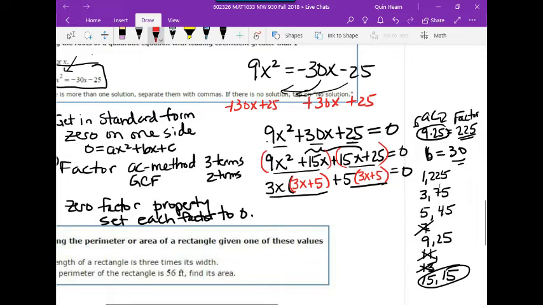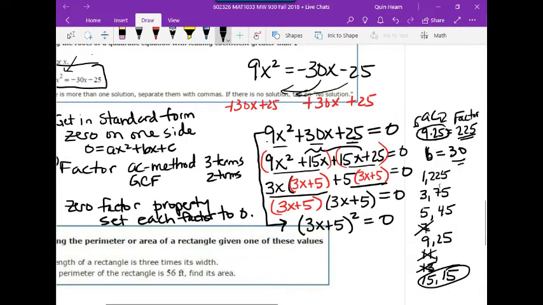If you find that you did not get the same thing left behind, then you made an error, so go back and check your work. So I'm going to factor out the 3x plus 5, and notice what's left behind in this case. This is a special case. It's 3x plus 5. So really, this trinomial that we started with was what's called a perfect square trinomial.